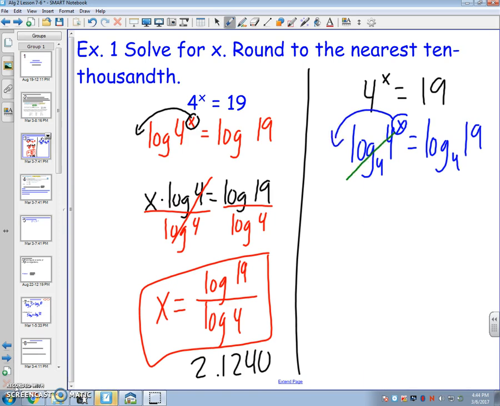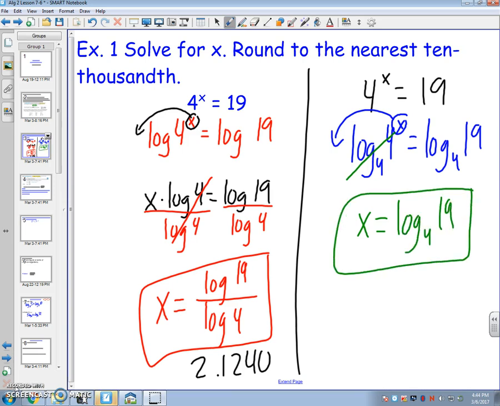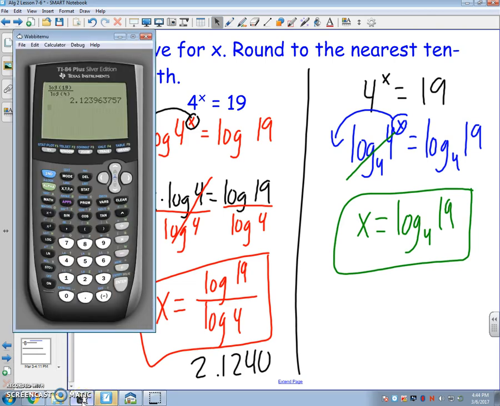So this is really gone. So I have x equals log base 4 of 19. This is the same answer as the other side. So the answer is a lot cleaner. You only have the word log once. So I do math, log base 4 of 19. You get the same answer, see, 2.1240.